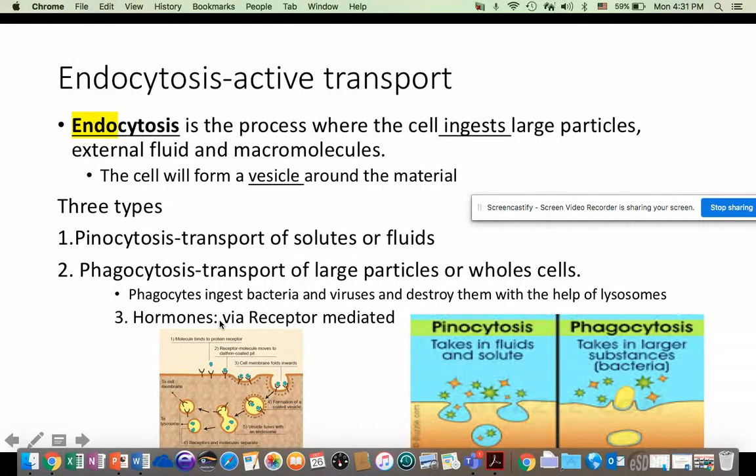An example of phagocytosis would be if a cell was eating bacteria or viruses. The other one is going to be hormone or cell-mediated response. So that's literally where, let's say, a hormone comes in, and we'll talk about this when we talk about the nervous system and endocrine system.